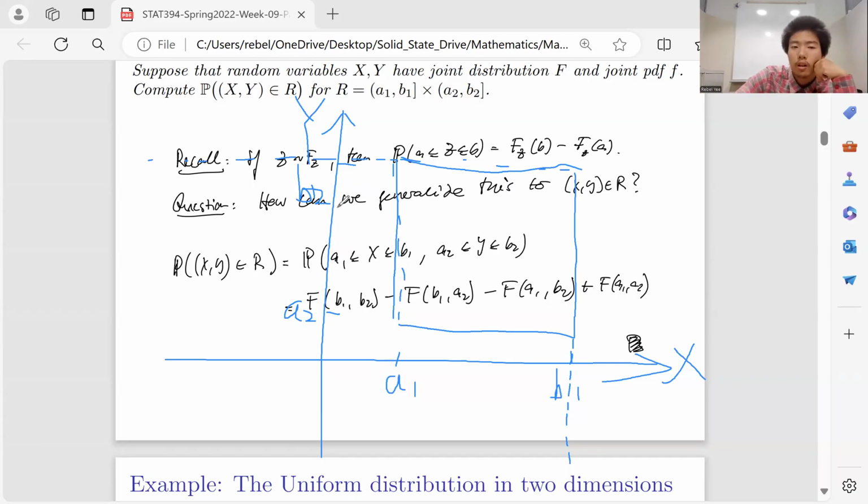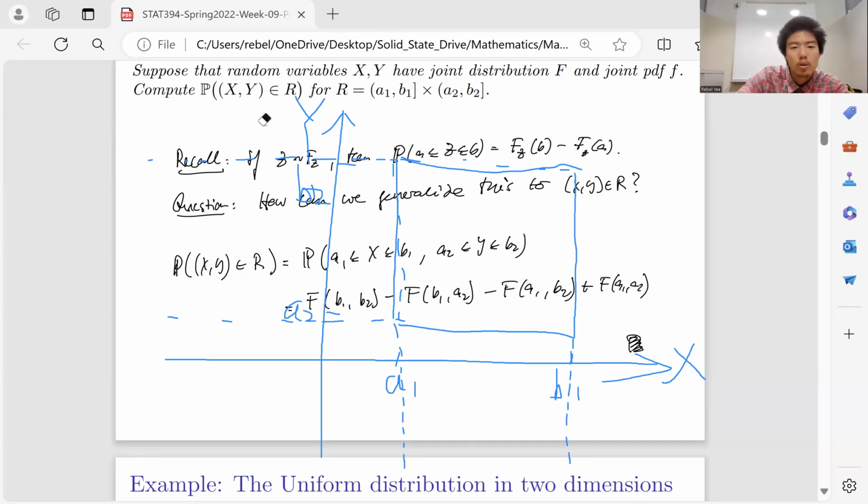First we calculate the distribution over all this area up to B1, B2, and what we subtract is the region from B1 to A2. So we subtract this region out. Then we also subtract the region from B2 to A1. What we find is that we subtracted this corner part twice, so we add it back.